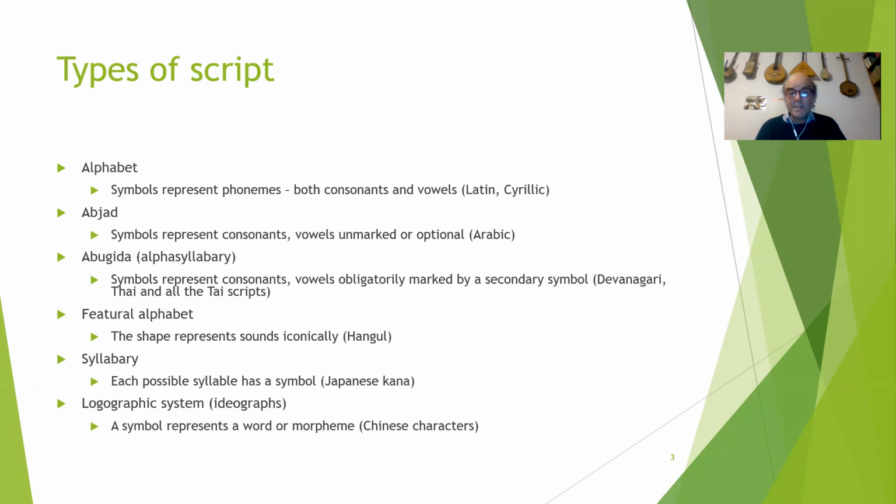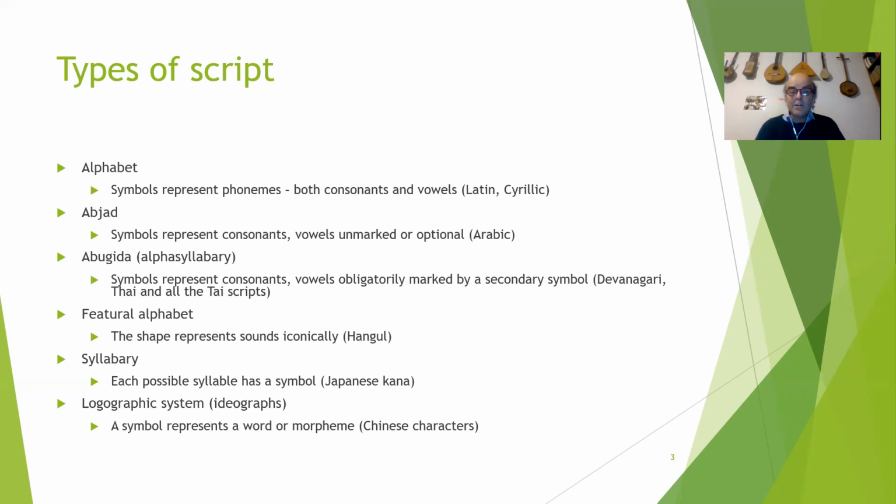There are 3 other types of systems that we could talk about. The featural alphabet, that represents sounds iconically. That means that you can tell what the sound is going to be from the shape. This is the Hangul system in Korea. Syllabaries, where you write syllables, not single sounds. So you have ga, gi, ge, and go are all written separately.